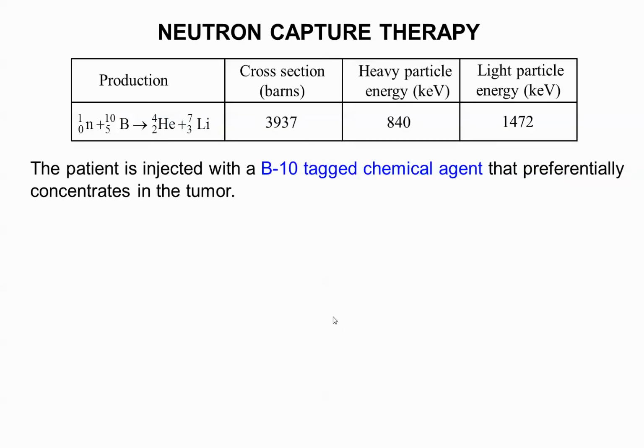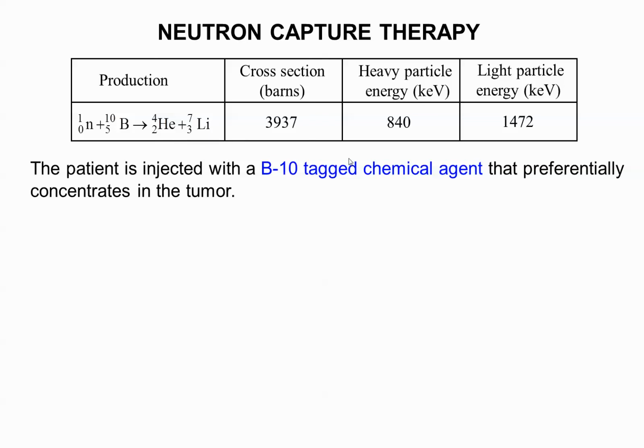Neutron capture therapy. Boron-10 tagged chemical agents are injected in patients and preferentially concentrate in the tumor. Remember that boron-10, when it absorbs a neutron, gives off two charged particles, which create damage in the cancer tumor.